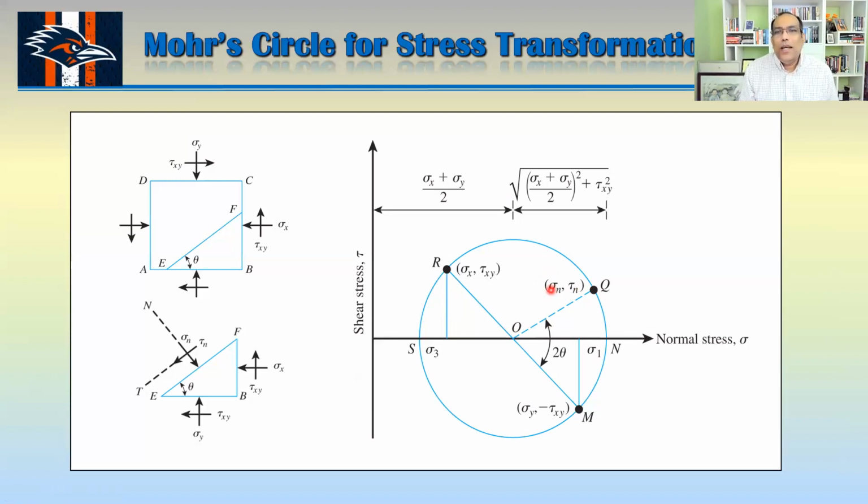You can use the values directly from the formula. Now, if you want to use the graphical method, then you can draw the Mohr circle and read the values from there. Many times we also draw the Mohr circle to be more clear about what we are going to do here. Okay.